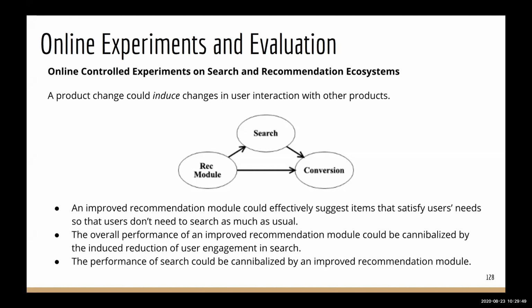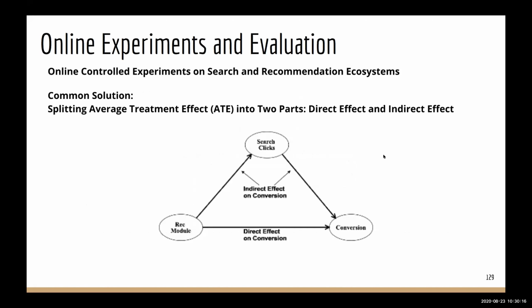You don't observe the indirect impact from search either. You only observe the combo, right? They all combine together in some sense. So this work is really about how to tease them out. But first, you have to come to this kind of causal graph, meaning you assume what the underlying mechanism is by which all these modules play together.